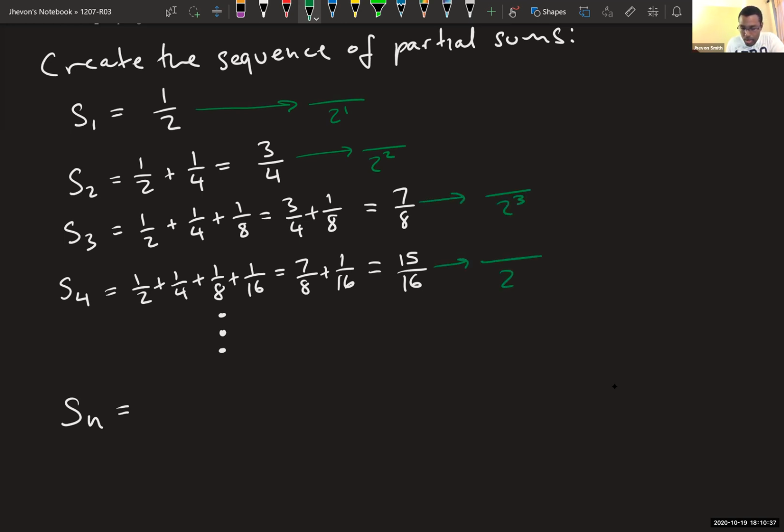Denominator here is 2 to the 4th. That seems to be a pattern for the denominators. What about the numerators? Someone made a comment earlier that's going to tell us how to figure out the numerators, actually. 2 to the n and then minus 1. 2 to the n minus 1. So it's whatever was on the denominator and you subtract 1.